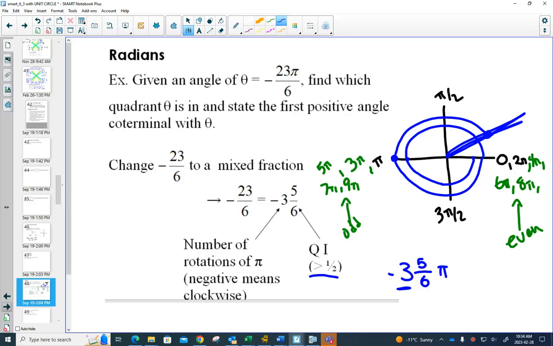Positive angles go in one direction, negative angles go in the other direction. And then the 5/6, we just have to determine, is that bigger than a half or less than a half? Because we're at -3, which gets me to here, and then 5/6 means I'm going more than a half, so then I'll be in quadrant 1.